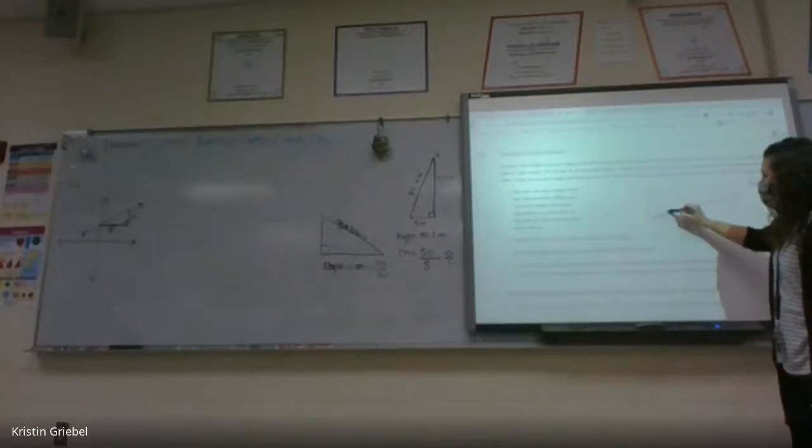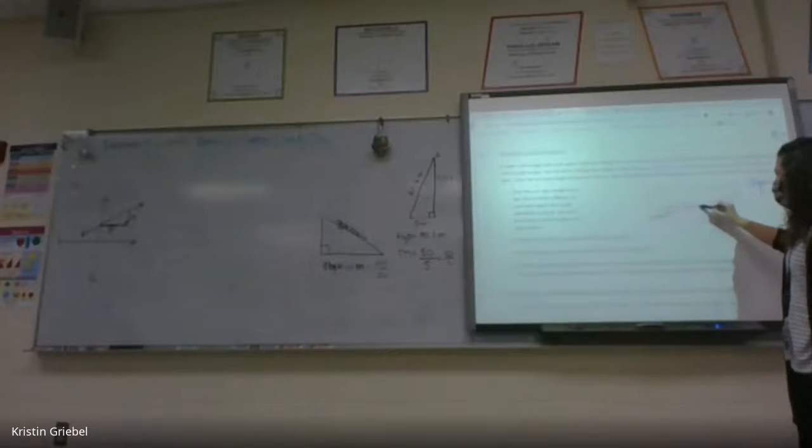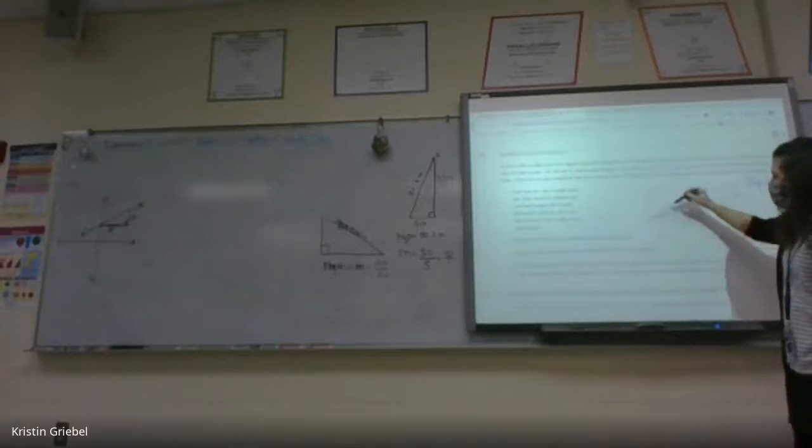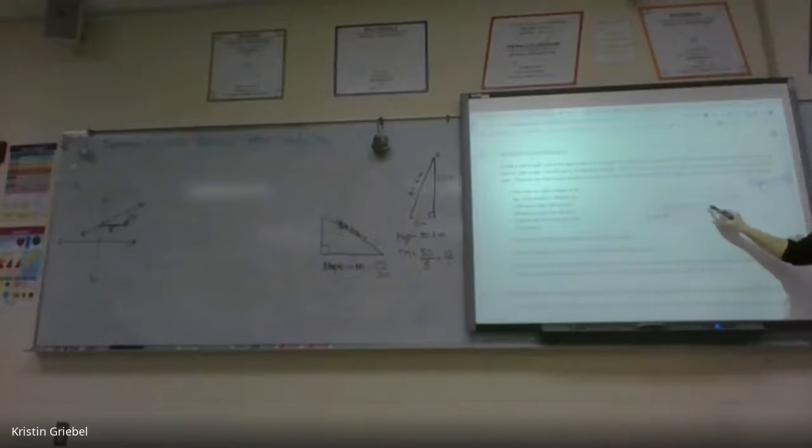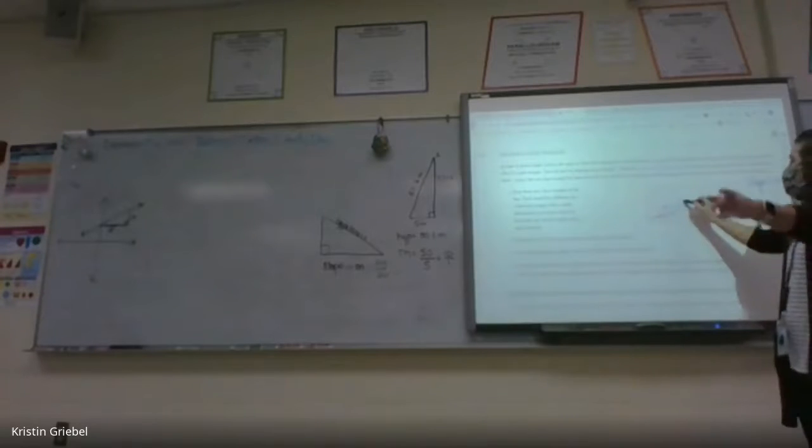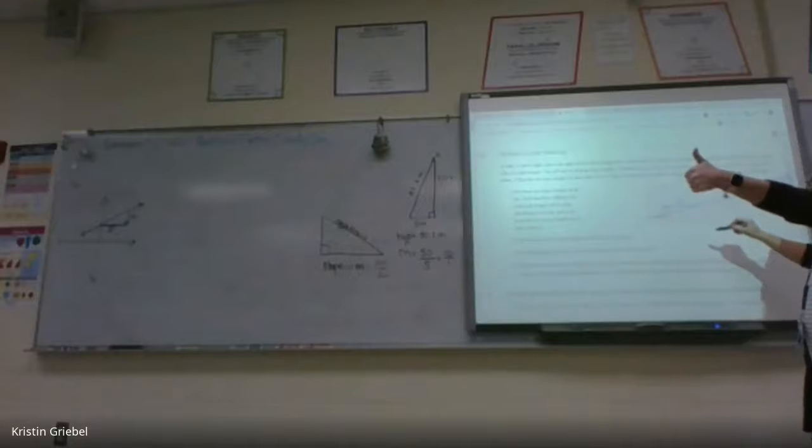So if I go up 2, I keep going until I get to the line. So this side is 2, but what's this one? 10, because 1 times 2 is 2 and then 5 times 2 is 10.